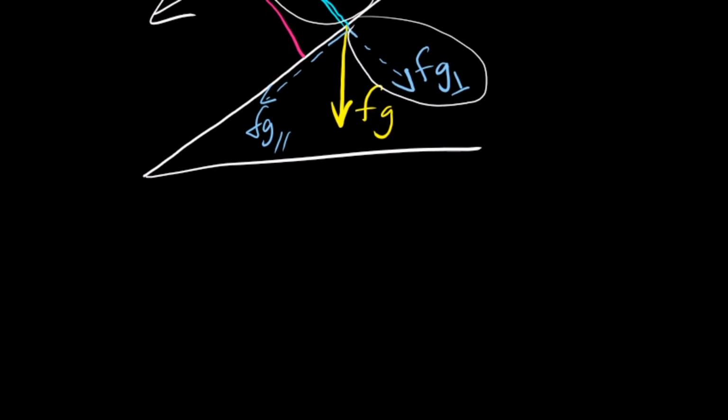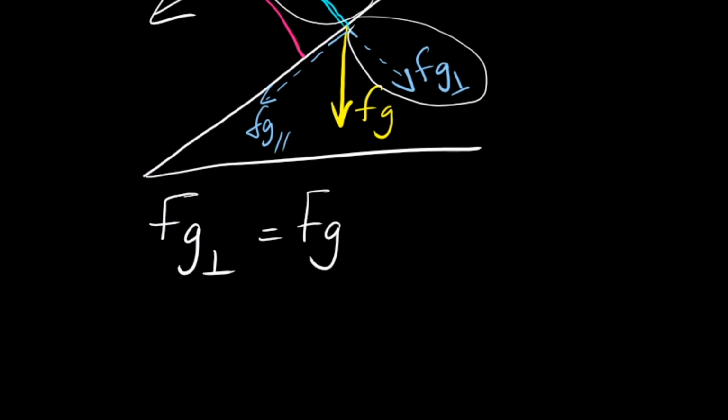Now let us simply go through the equations. Fg perpendicular, which is our vertical. Remember, on the flat surface, our vertical component is associated with sine, the trig ratio. Now on an incline, it's a bit different.